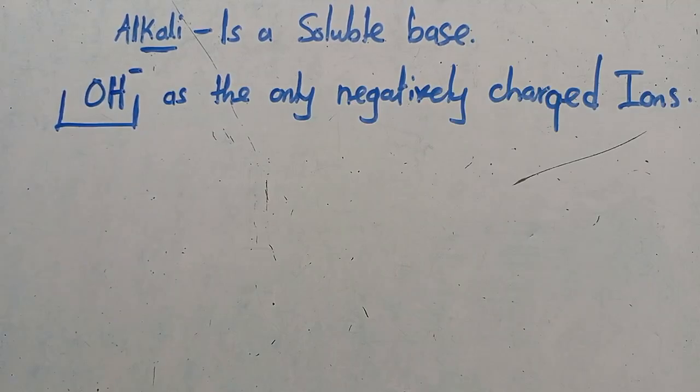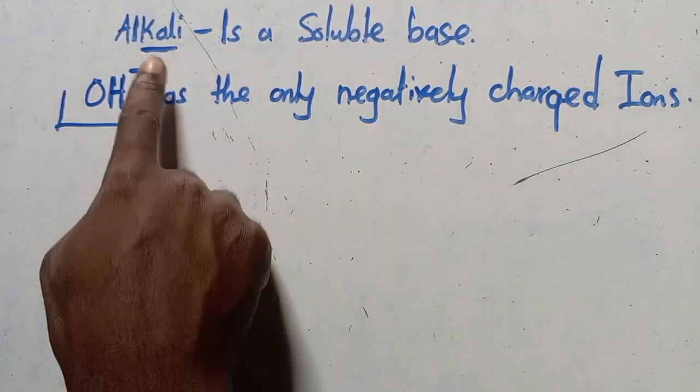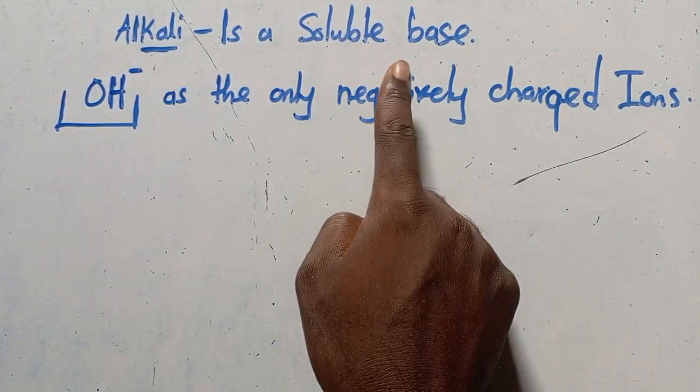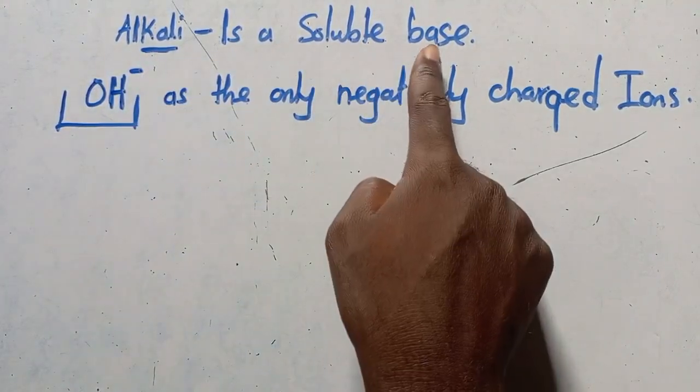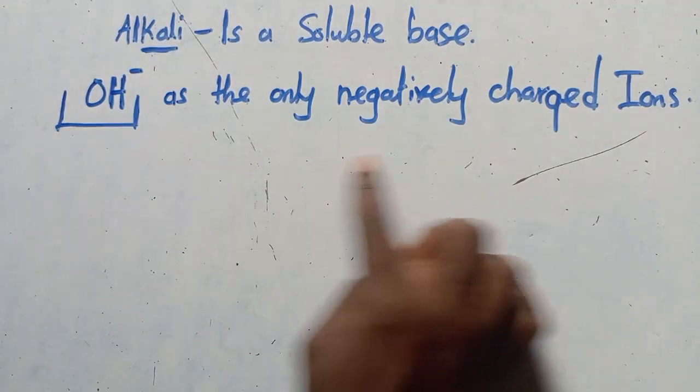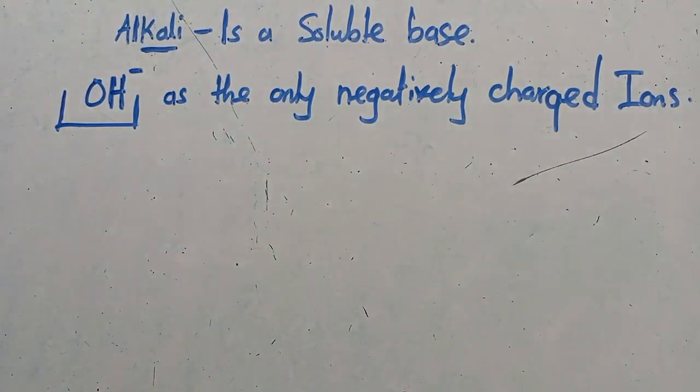Since an alkali is a soluble base, an alkali is a base. So this is also the definition of a base: an oxide or a hydroxide of a metal. We can just say it is a proton acceptor. So this is what we mean.